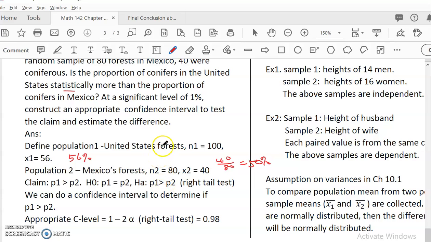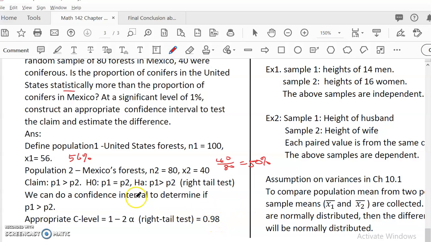Now, instead of doing the whole hypothesis test, we can actually use the confidence interval to determine. So to do the confidence interval, let's look at what significance level we have. We have 1%, and because it's a right-tailed test, the appropriate C level is 98%.